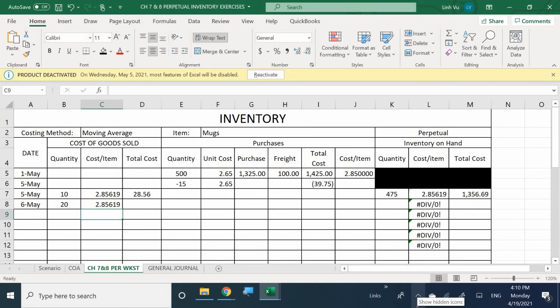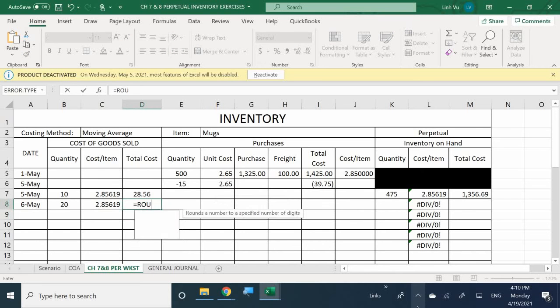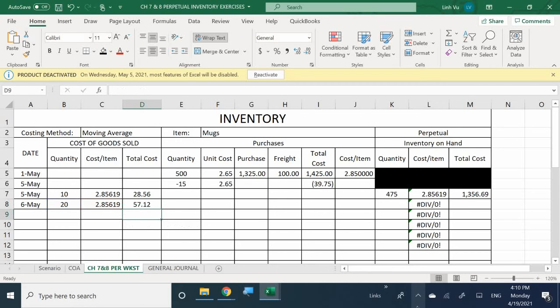2.85619. Yes. So, once again, what is my total cost of goods sold here? 57.12. Okay, 57.12, right? So that means that's my cost of goods sold right there. So let's go ahead and update my inventory first before I move on.